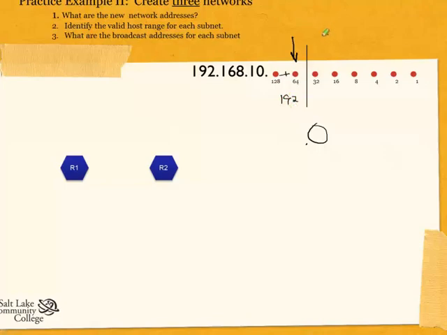So our new mask, to tell the system that we're borrowing it, is going to be 255.255.255.192. That number tells the system that we borrowed the 128-bit and the 64-bit for networks, and we've masked it off.